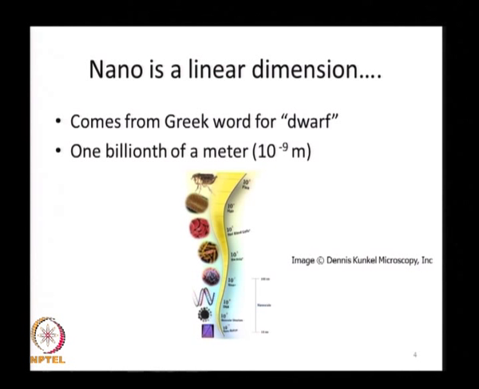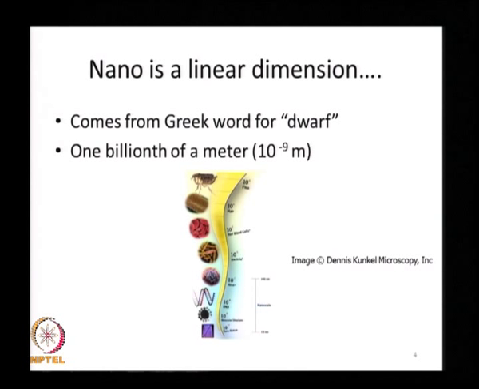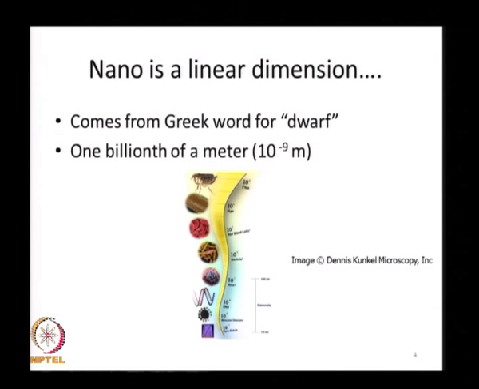a common insect like a flea is roughly 10 to the power minus 3 meters in length. The human hair 10 to the power minus 4 meters, blood cells 10 to the power minus 5, bacteria 10 to the power minus 6, viruses are 10 to the power minus 7, DNA is 10 to the power minus 8, molecular structures are 10 to the power minus 9, and so on.